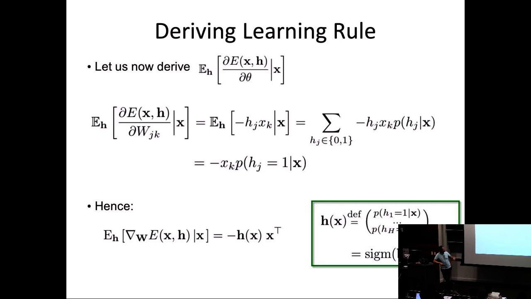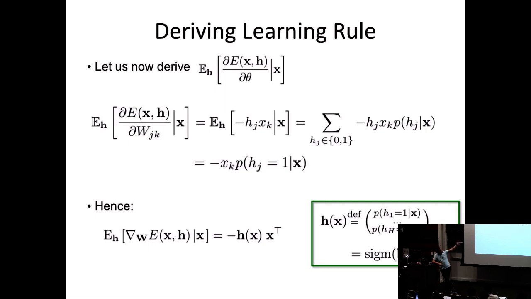Let's now derive this quantity here. How do we compute the expectation of the derivative of the energy with respect to the parameters under the conditional probability? One thing, as I've shown you before, is you can just use Monte Carlo approximation. You can sample h from the conditional and just look at the derivative. But what you can actually do is compute this expectation.